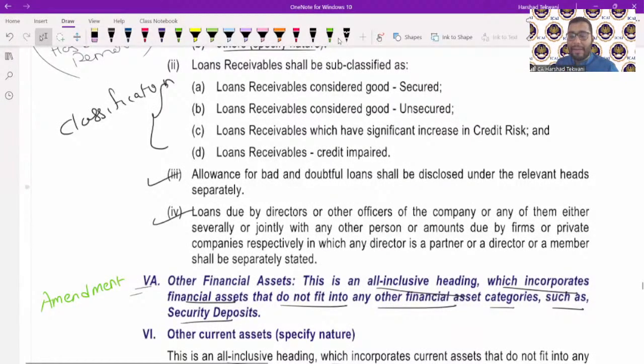Jay, trade receivable is given twice because they have bifurcated between current and non-current. Non-current trade receivables above, and current trade receivables below. Okay.